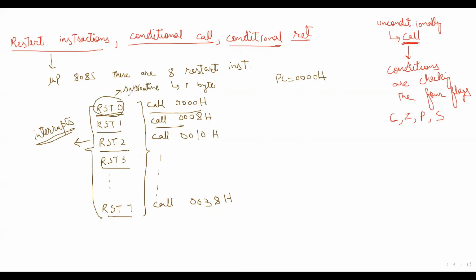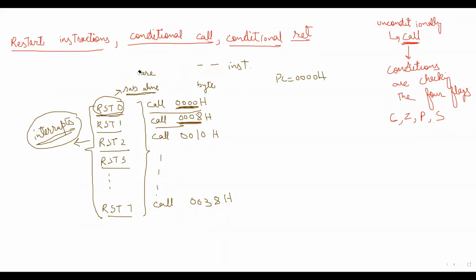It runs a subroutine stored at this particular memory address. Likewise, RST1 is a subroutine stored at this particular memory address. And what is that subroutine doing? We will check that when we discuss the interrupts chapter. Okay, fine. So this completes the discussion about the restart instructions.